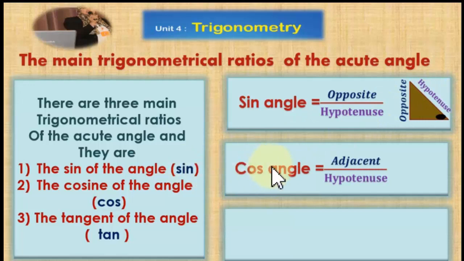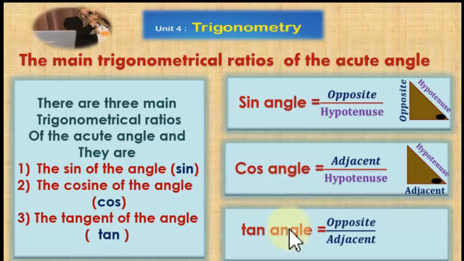Cosine of the angle equals the adjacent divided by the hypotenuse. Tan of the angle equals the opposite of the angle over the adjacent of the angle, the opposite side over the adjacent side.